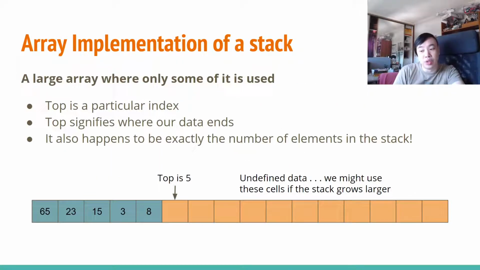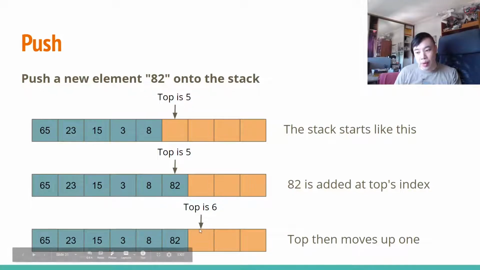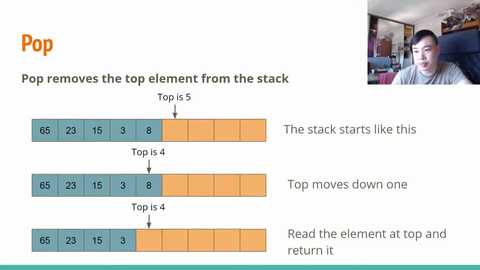But if we wanted to, we could do it with an array. So we could do it with this kind of idea that the top is an index marker that moves up and down the array. However, you can run out of space in the array, which is why I chose to implement the linked list, because I think that the linked list is a more intuitive way to make a stack than the array is.